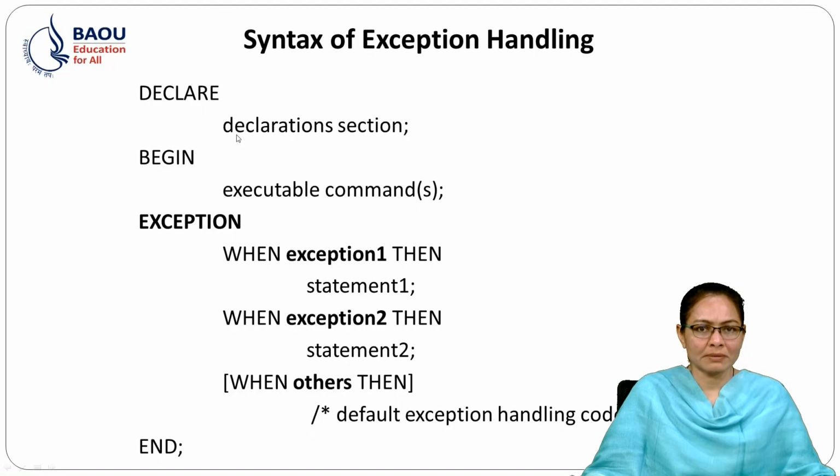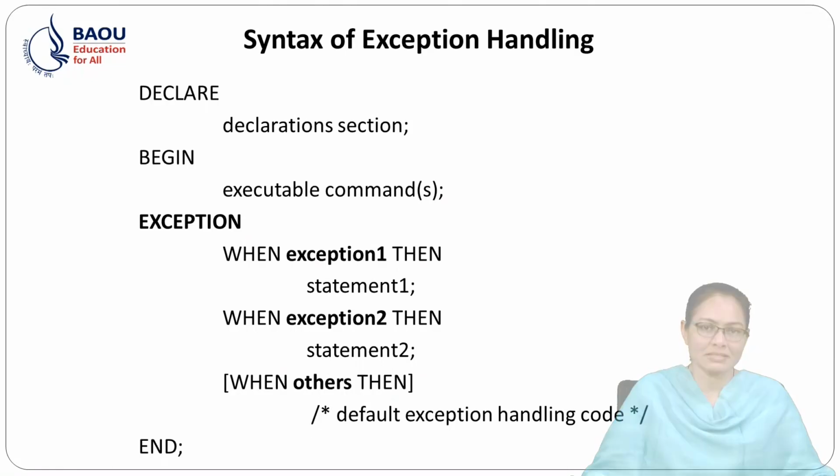The begin section is used to define the executable commands or statements. If in these statements any abnormal condition occurs or any error occurs at runtime, then it will be handled by the exception section.